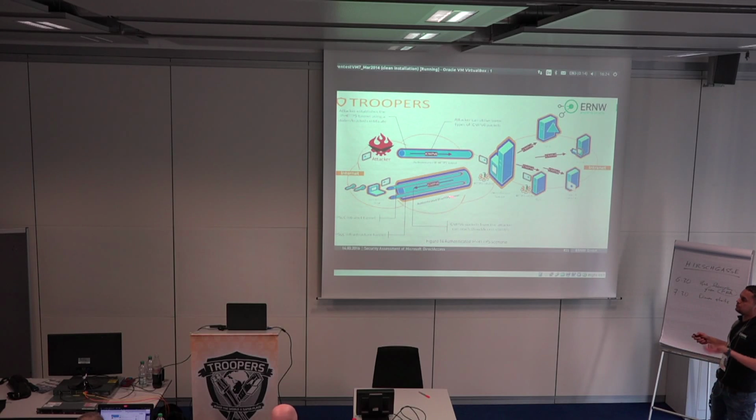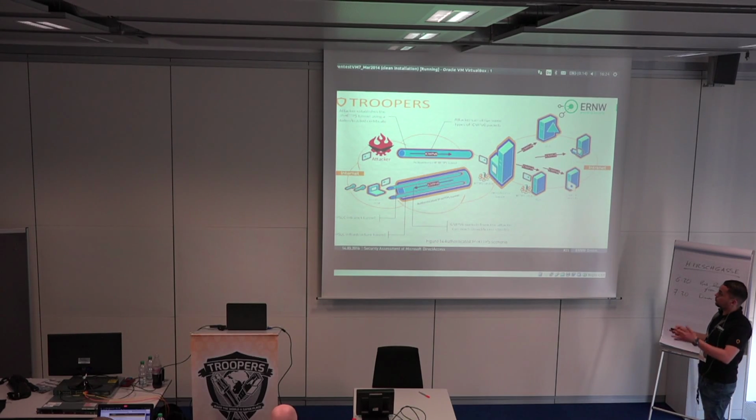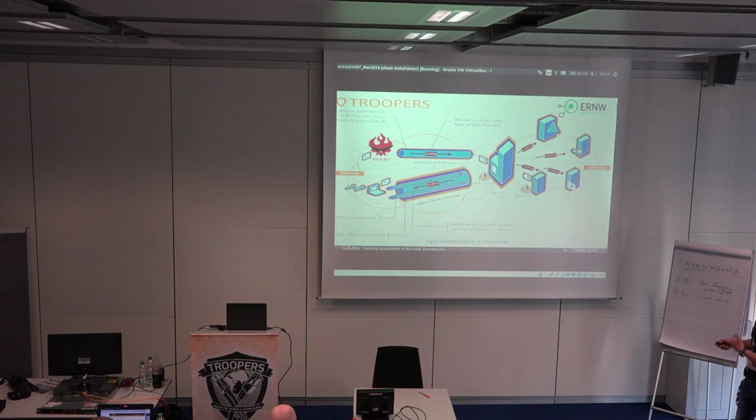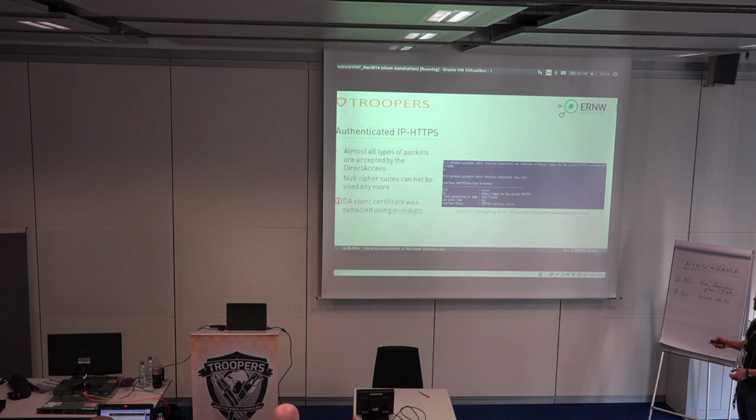Without any reference from Microsoft saying why. But in this case, all the ICMP version 6 packets can reach the DirectAccess client, even though they are authenticated. I don't know why they do this. So there are new attacks that were realized in this scenario that were not in the previous ones. So all the traffic goes to the inside, also to the DirectAccess client.